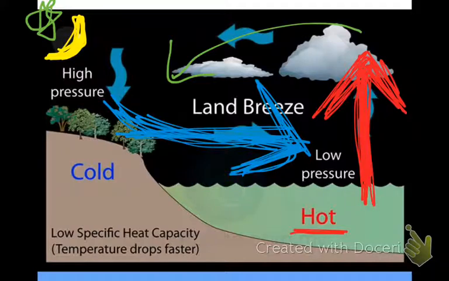So that warm air over the water rises. You can't have an area of nothing. So the cold air from the land moves in to take its place. Because that wind is going from the land to the sea, we call it a land breeze. When it goes from the sea to the land, we call it a sea breeze. But this is going from the land to the sea, therefore it is a land breeze.